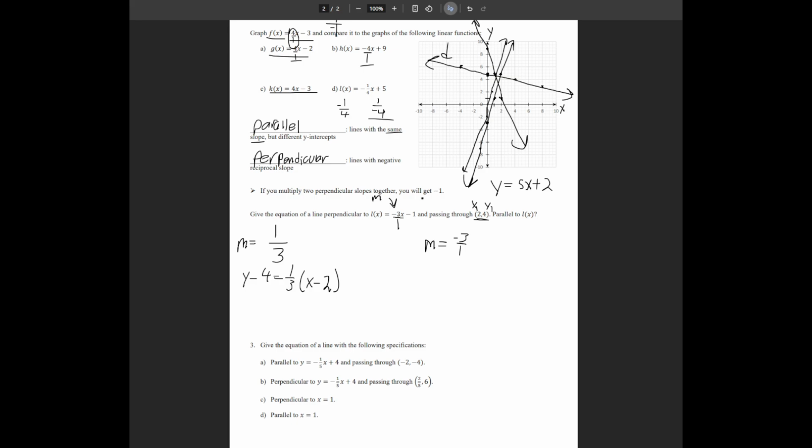Our original y-intercept is -1. Putting this in slope-intercept form may be a little bit trickier, however, let's give it a shot. So parallel to L of x and goes through this point, I'll do y minus 4 equals -3/1 times x minus 2.